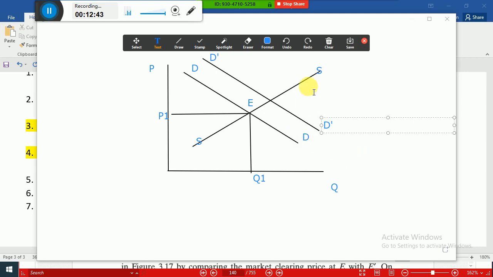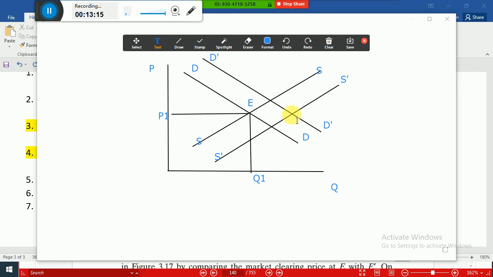Similarly, the new supply curve shifts rightward or downward, that shows an increase in supply. So S dash S dash. Now this market will be in equilibrium where the new demand curve and new supply curve intersect each other.